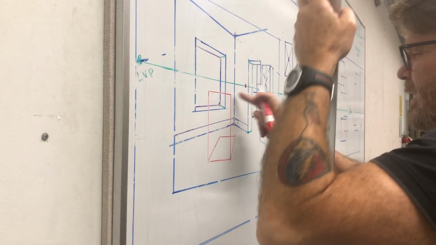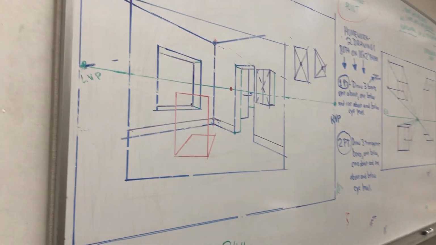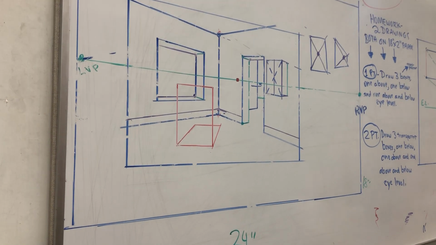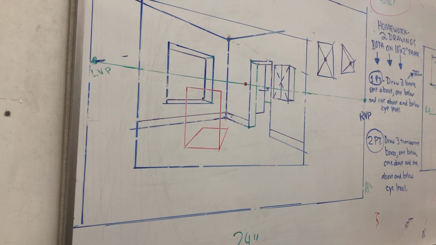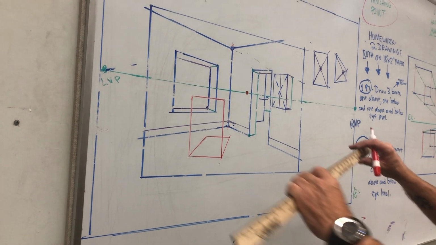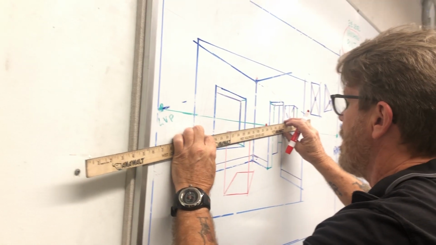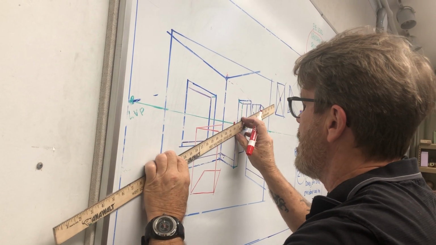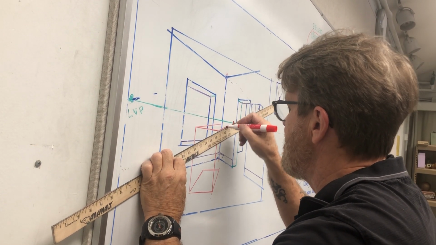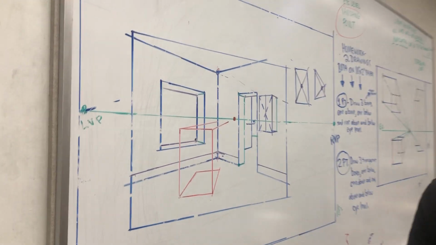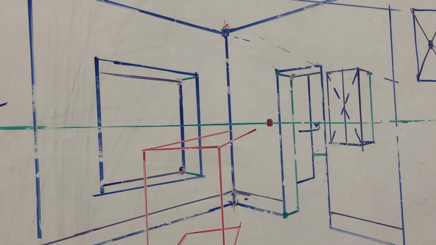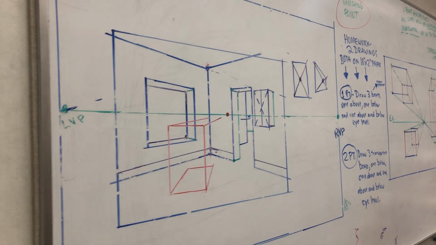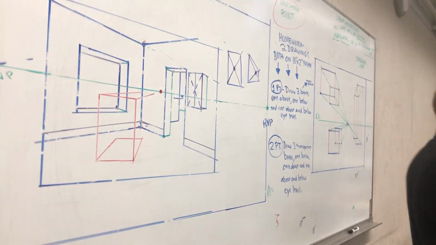Okay, front plane, bottom plane. Easy peasy. Let's finish it off. Couple lines going back to my vanishing point. I'm not really instructing how to do this with this, what I did here.